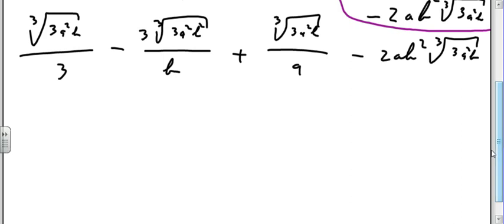All right, so now we have a common denominator, 3ab. Okay, so my common denominator is 3ab.